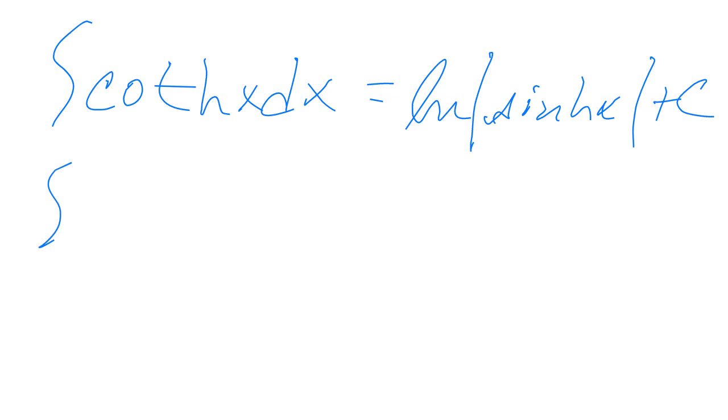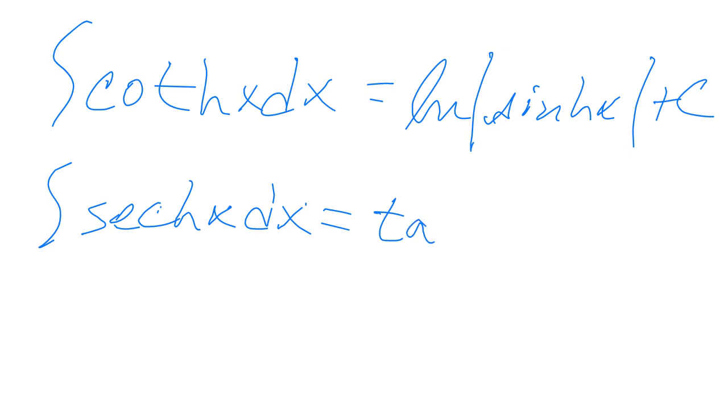So let's also come up with the antiderivative of sech x with respect to x. This is not one we had either. This is going to be one that you're going to want to pay attention to, because it's actually going to end up being the inverse tangent of sinh x plus c.